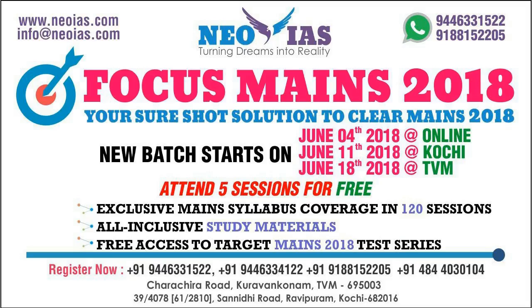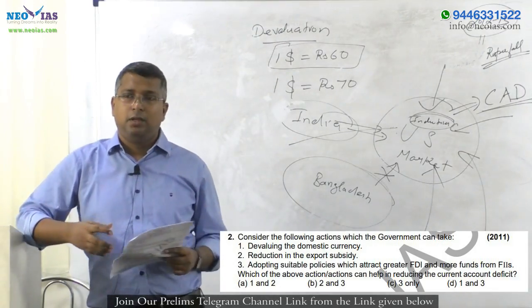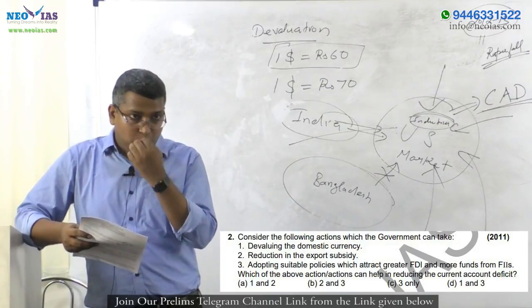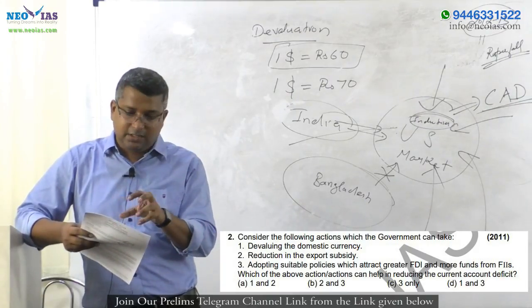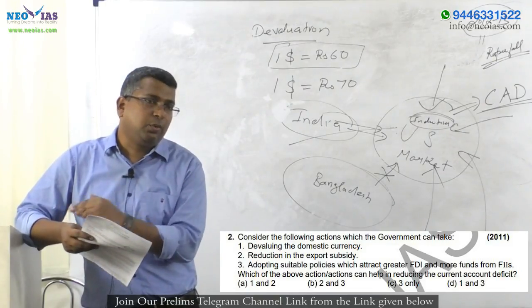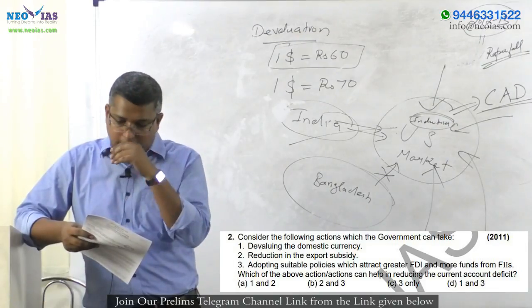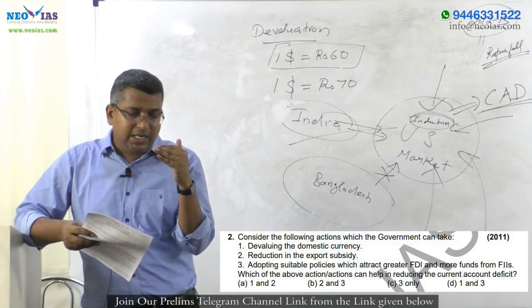The second question, actually, was one where there was a mistake from the UPSC examiner's point of view. But we have to choose the right answer. Actually, the interpretation of this question is very difficult, but we can answer it provided you follow the elimination method. Now three statements are being given.